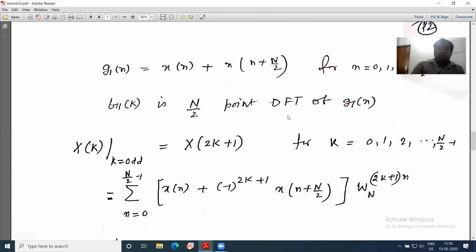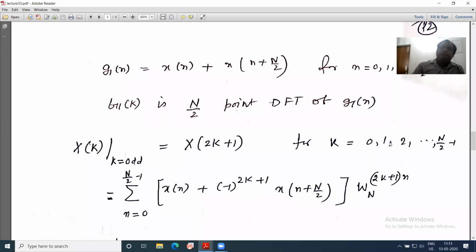Again k equals 0, 1, up to N by 2 minus 1. This is because x of k is an N point DFT, so if you take the odd and even, they will be distributed equally. So k will be 0 to N by 2 minus 1, because even was 0 to N by 2 minus 1, and odd also will be 0 to N by 2 minus 1. Agreed with the argument? Okay?